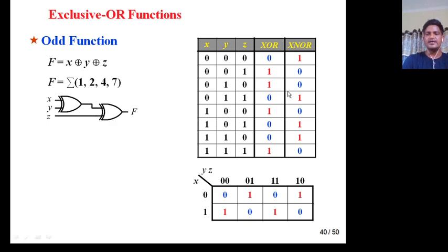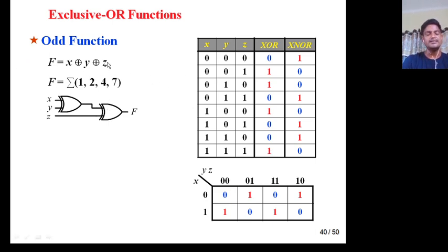And in case of the XNOR gate, if there are an odd number of ones at the input, output becomes low. In this case, 0 0 1: only one input is high, which is odd, so output is 1 for XOR, 0 for XNOR. 0 1 0, again only one input, so high. 0 1 1 is 0, 1 0 0 again it is 1. 1 1 1, again it is odd, three inputs are high, so it is 1.